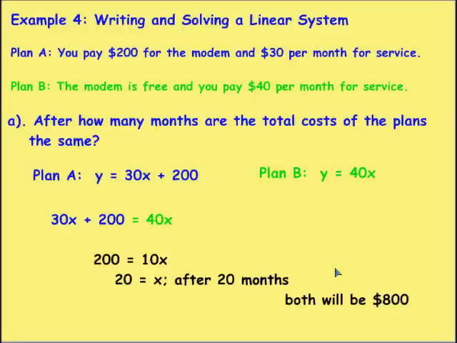So at 20, that means that plan A would cost less for more than 20 months. But up until those 20 months, plan B would be the better solution, would be a cheaper price.